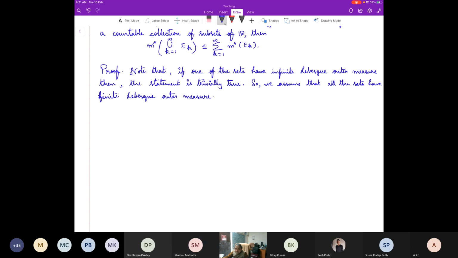How to do that here? Maybe we can take epsilon by 2, then epsilon by 2 squared, and so on. Right, exactly right, very good.